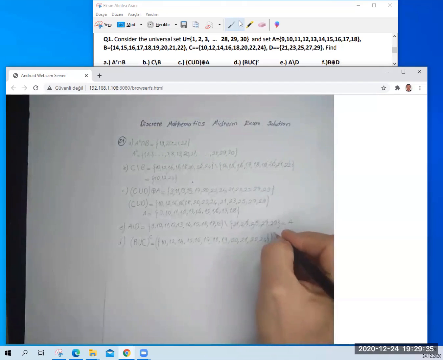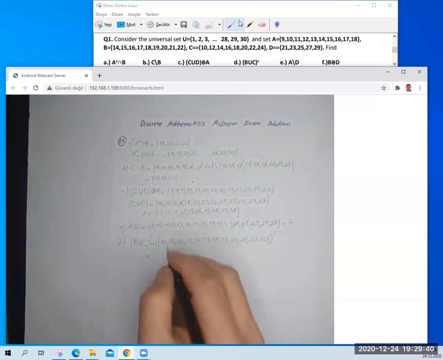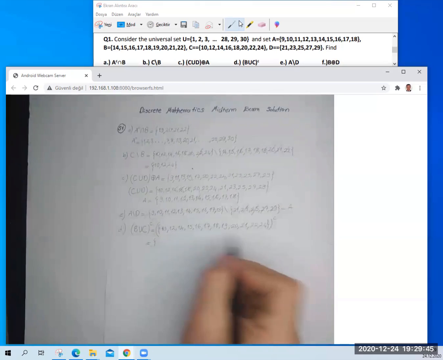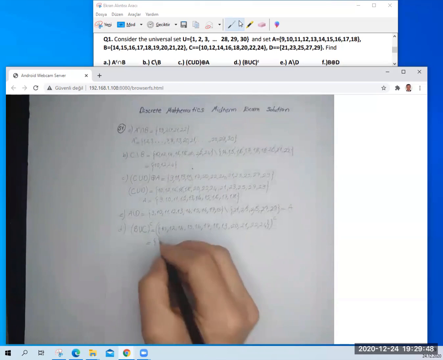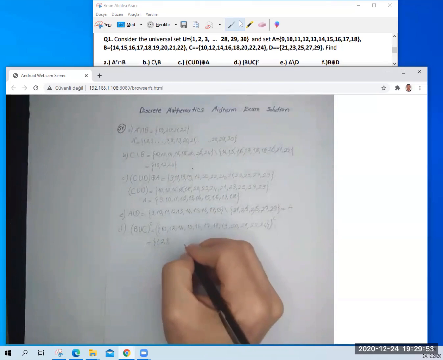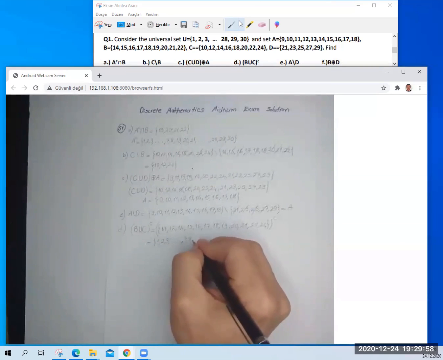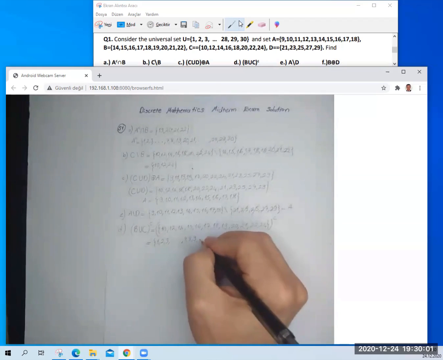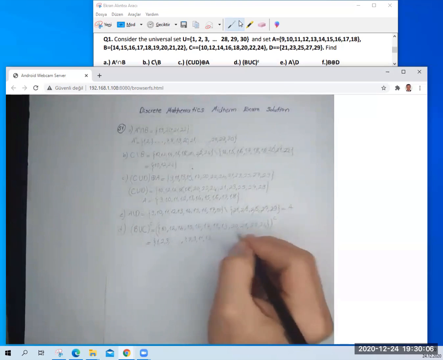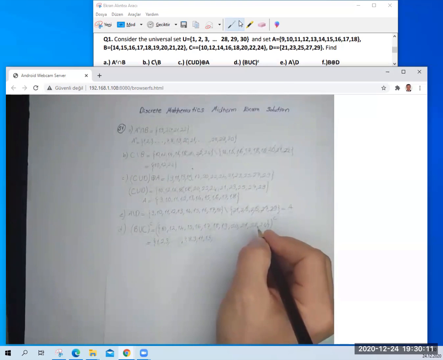This is my union B and C. Then I need the complement of that one. So what is my complement? For that set, it is going to start with the 1, 2, 3, and 7, 8, 9, 10 is here, 11, 12, 13, 14, 15, 16, 17, 18, 19, 21, 22.